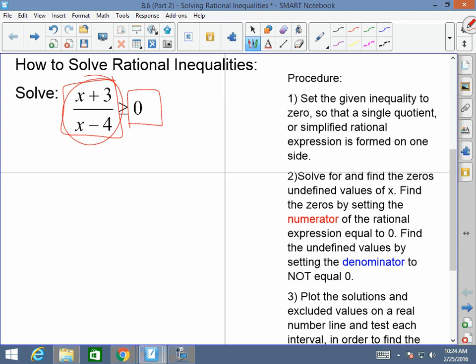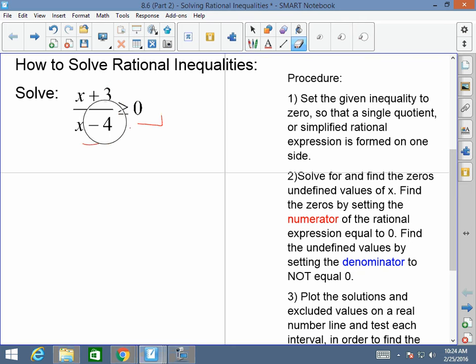So I don't care how complicated they give it to you, you want to set that inequality to 0 so that you have one rational expression on one side of the inequality and a 0 on the other side of the inequality. So in this particular case, I have nothing to worry about because I've already done step 1. So this is done.